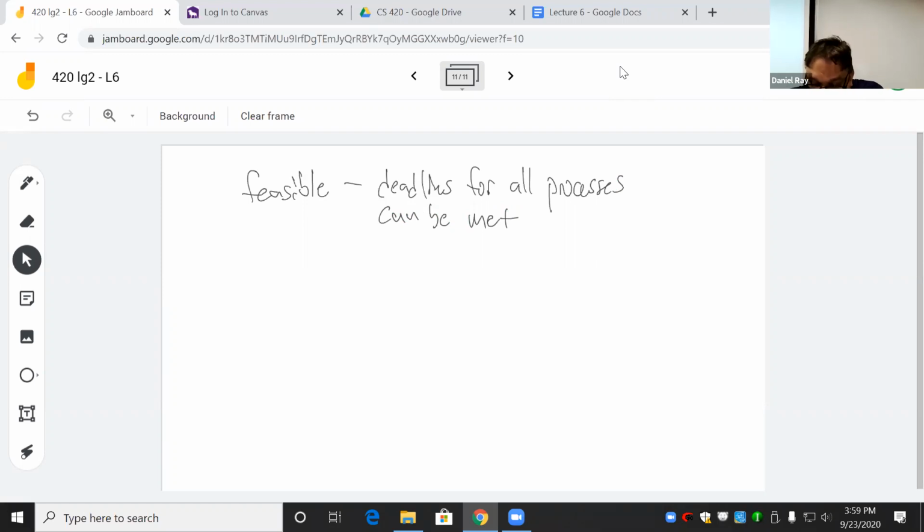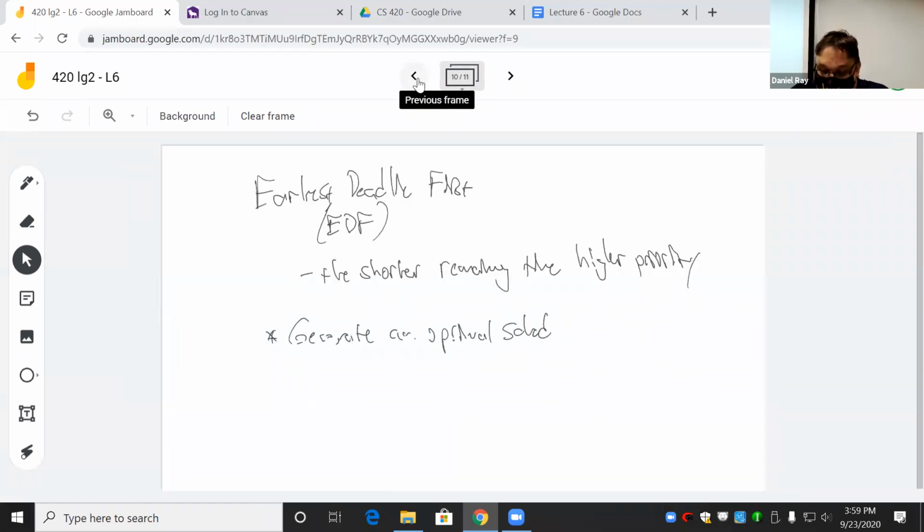So as long as the set of processes and their deadlines is feasible, then EDF is going to generate a feasible schedule. Okay? It's going to generate a feasible schedule every time. How do we know if a set of schedules is feasible or not?